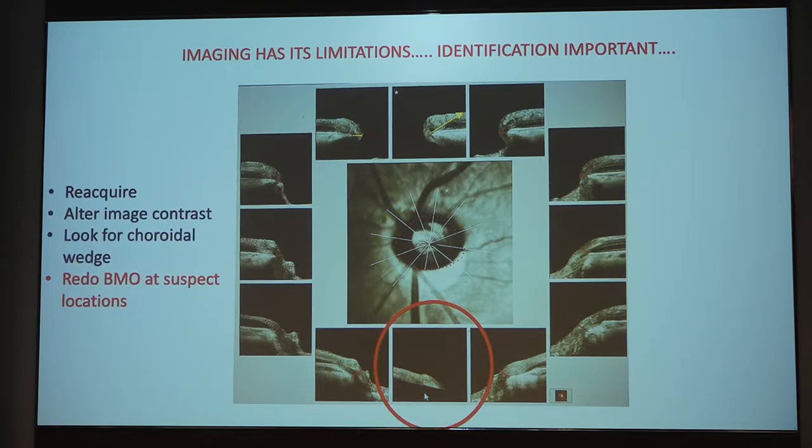In such cases, try to reacquire, alter the image contrast, look for the choroidal wedge, and redo the BMO at suspect locations. Now this is not possible with most of the machines except the Spectralis, and that is what impressed me the most about this machine. I have no financial interest, but this gives you the cutting edge in ophthalmic diagnostics as far as glaucoma imaging is concerned.